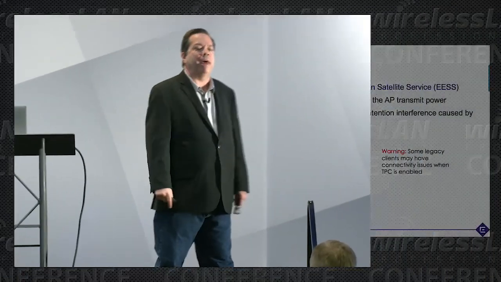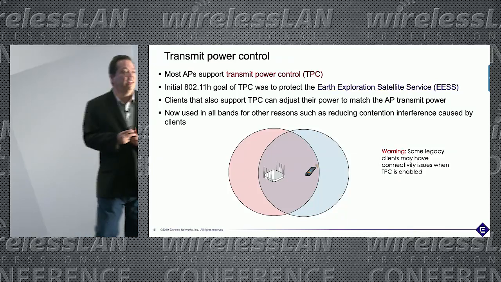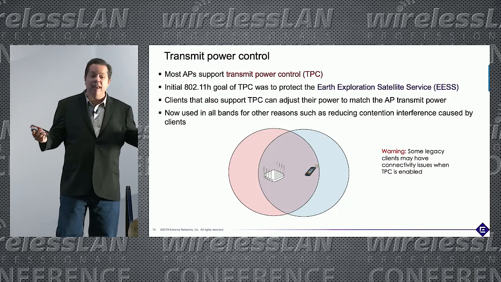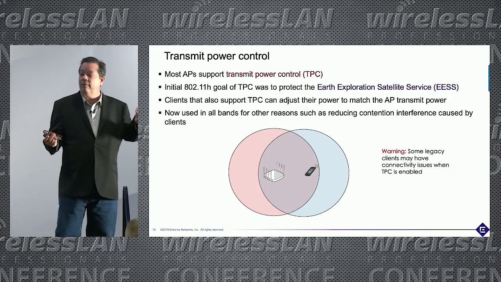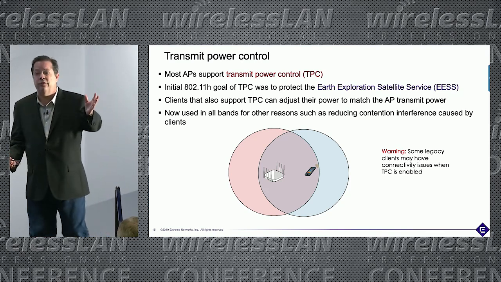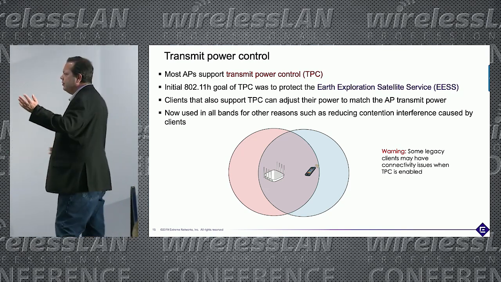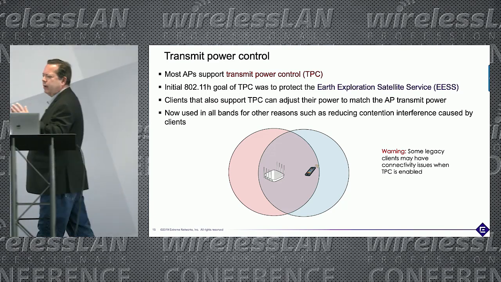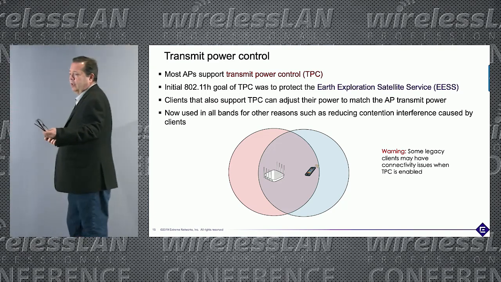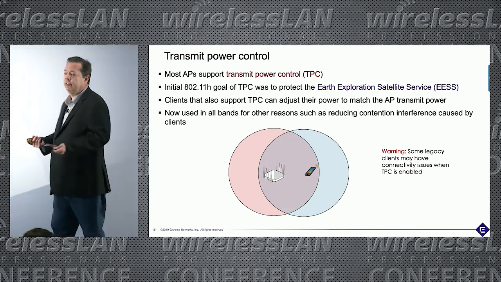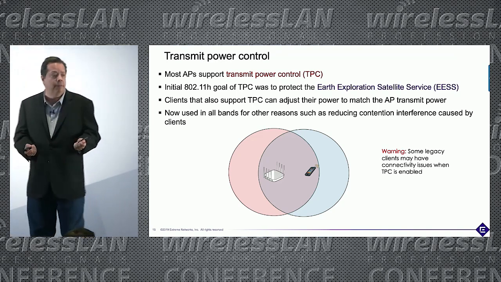It's more about limiting the client power to avoid co-channel interference caused by clients. The main purpose isn't necessarily a balanced link. Very often you might have an AP that's transmitting at only 5 milliwatts, but you have an iPhone transmitting at 16 dBm, and you want it to power down as well, because those clients are going to be causing CCI too. So this is a great way to limit CCI.